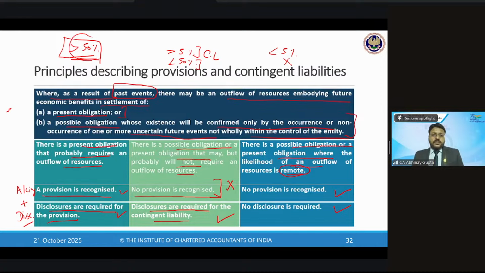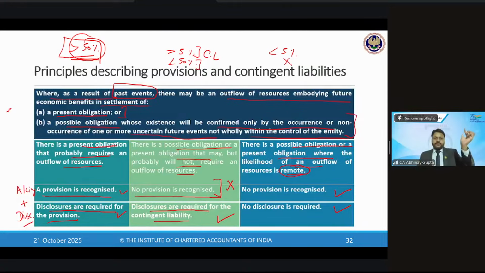Now, do we have these limits prescribed in the standard? Yes or no? No. The standard doesn't give any limits. This is just what I told for our better understanding, so that we are able to interpret the words used by the standard literature in terms of numerical value for easy understanding and remembering.